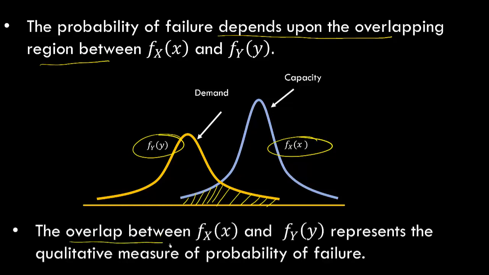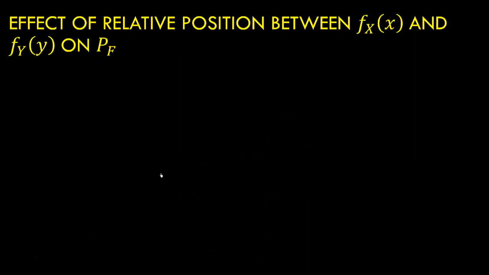The overlap between fx and fy represents the qualitative measure of probability of failure. Of course, this overlap area will also depend upon the relative position of this curve and this curve. So that is, what is the effect of relative position of fx and fy on probability of failure, that is pf.